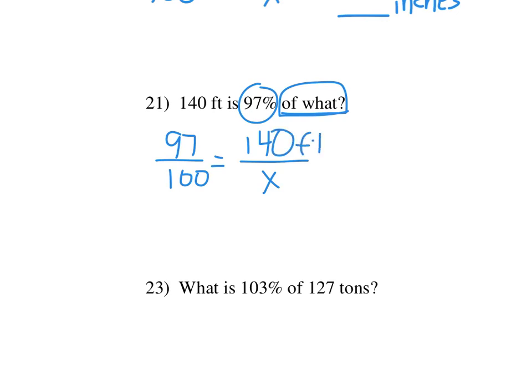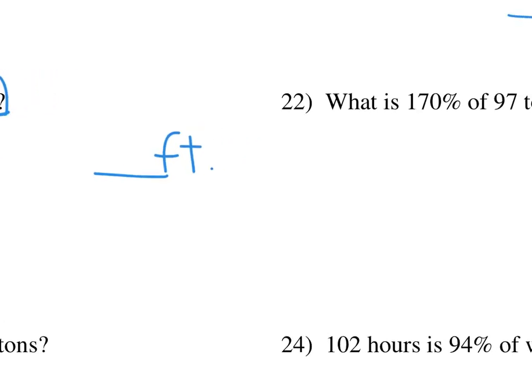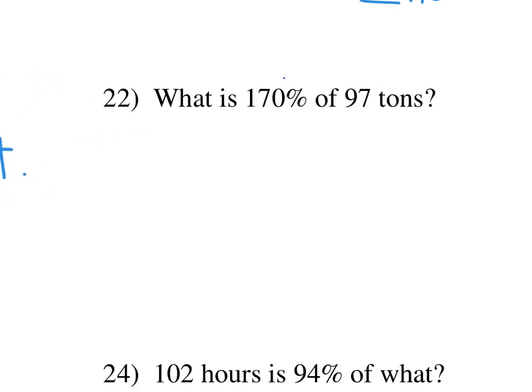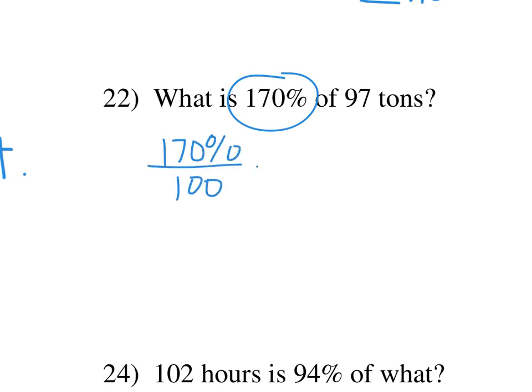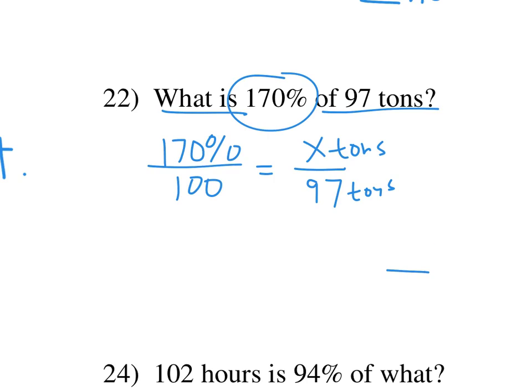So if this is feet, this is going to be feet. Okay? So your answer is going to be feet. 170%. 170 over 100. What is? We don't know the is. We know the of. 97, and it's tons. So your final answer is going to be tons.